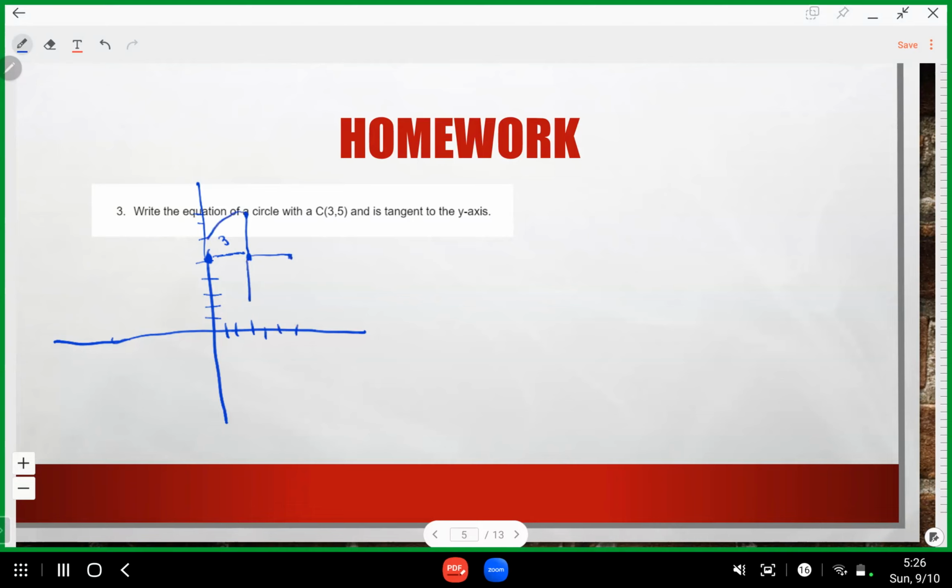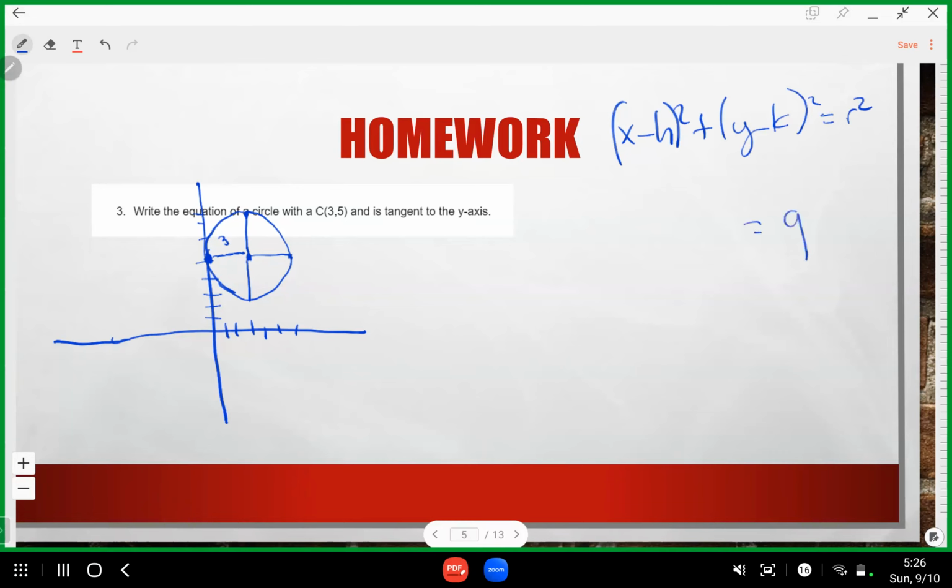That's just our circle here. That's what the circle looks like. And the equation, x minus h squared plus y minus k squared is equal to r squared, right? Then we write the equation because we know that r is 3, so r squared is 9, right?